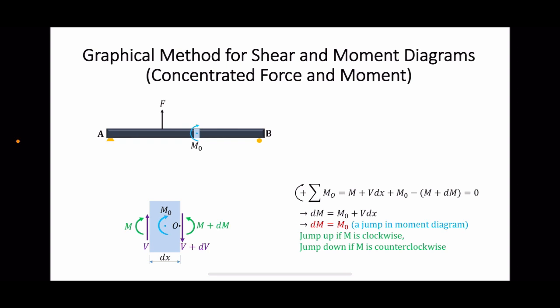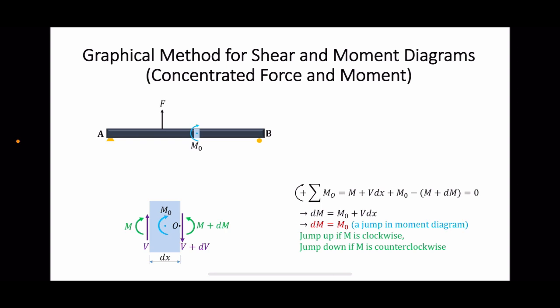Specifically, if the concentrated moment is in clockwise direction, there will be a jump up when we go from the left to the right of the moment diagram. On the other hand, if the concentrated moment is in counterclockwise direction, there will be a jump down.